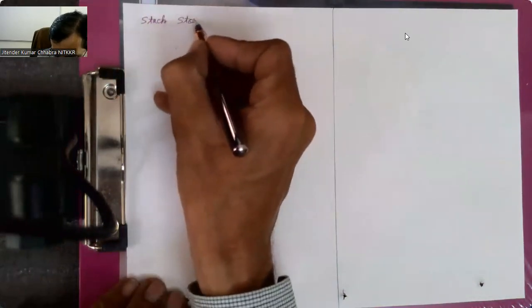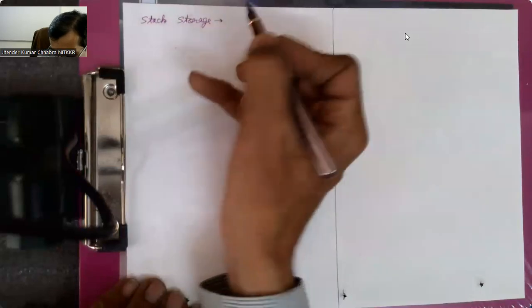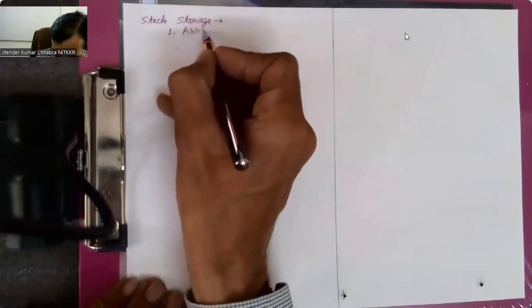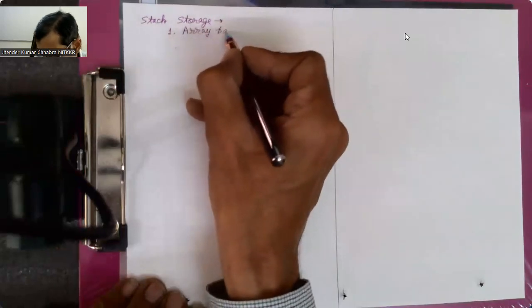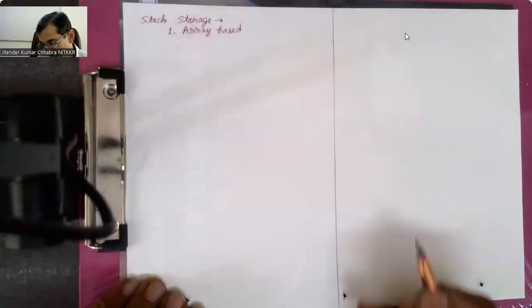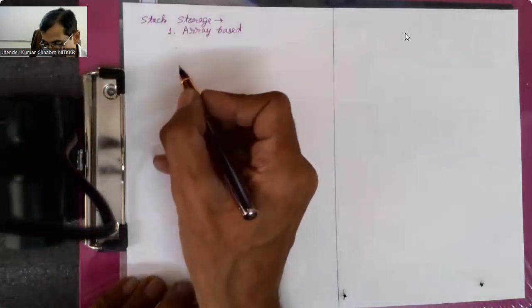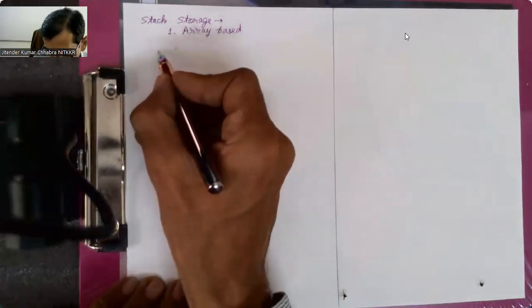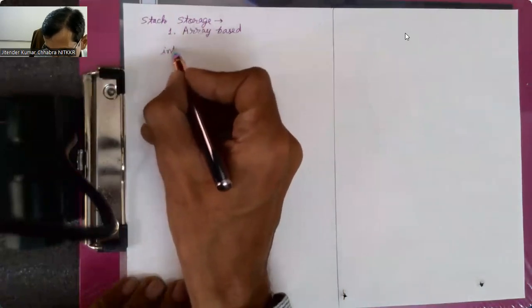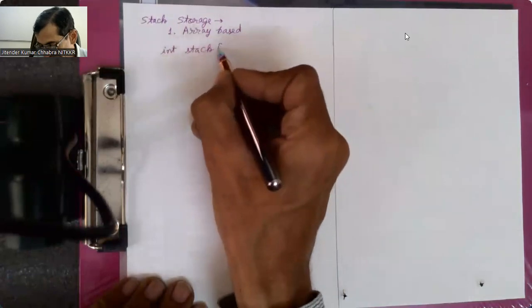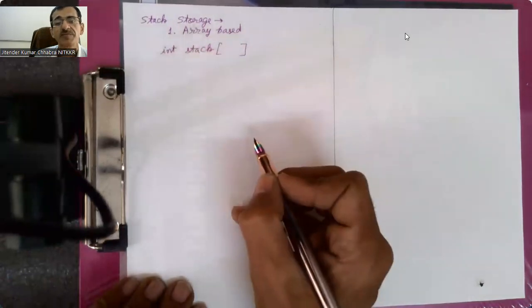For the storage, of course, it can be done in a variety of ways, but for the first time we will be using it as array-based. Of course, it can be done without an array also, something like a linked list, which we will study later. So array-based means I will have something like int. If I want a stack of integers, I will declare int stack of some size.